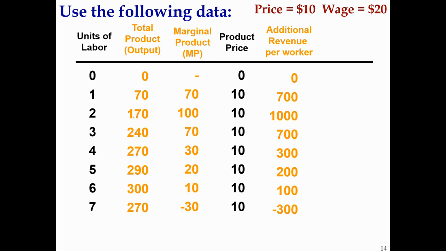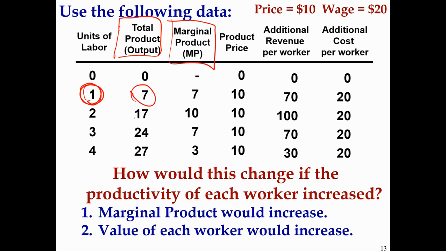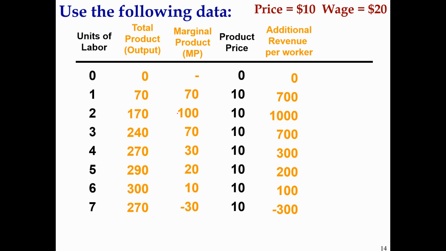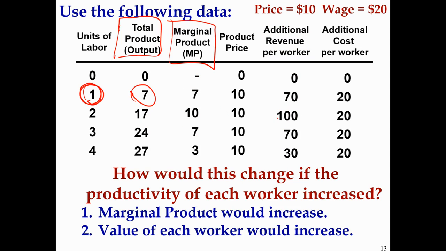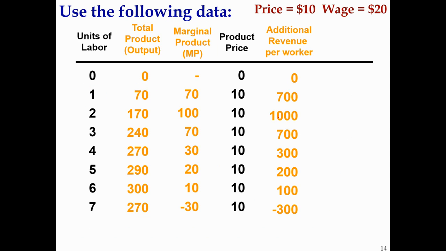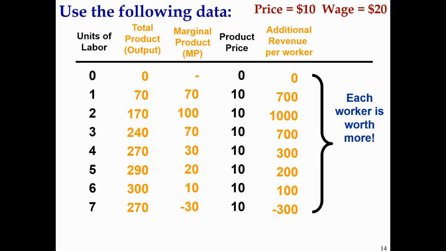Now they can produce 170, which means an additional 100. But even though the price is the same, my MRP here would be 1,000. So all of this means that each worker is worth more, which means more demand for the resource, for my labor.